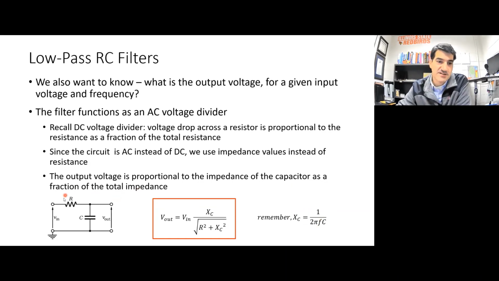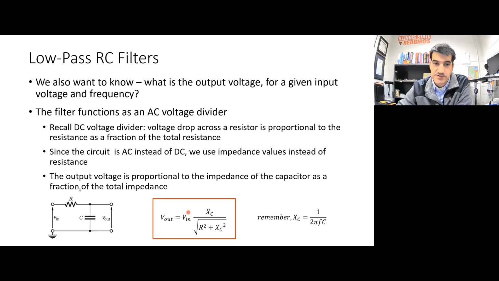And in order to get the total impedance of this circuit, we did this a week ago, the total impedance of this circuit is the square root of R squared plus X sub C squared, or the capacitive reactance, which is the same as the impedance of the capacitor squared, which is this equation right here. So this equation is nothing but a voltage divider for an AC circuit.